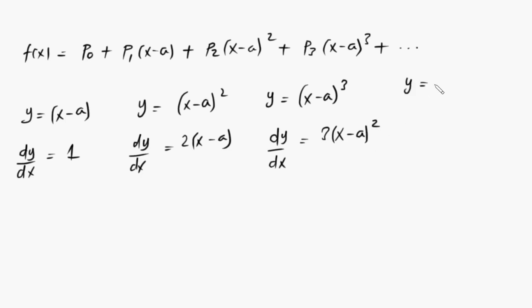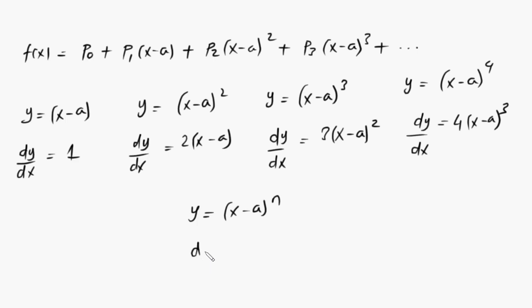And if y is equal to (x minus a) to the power 4, I get 4 times (x minus a) cubed. So you can see that even when y is (x minus a) to the power n, the derivative of y is just n(x minus a) to the power n minus 1.